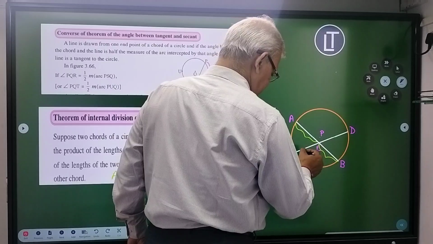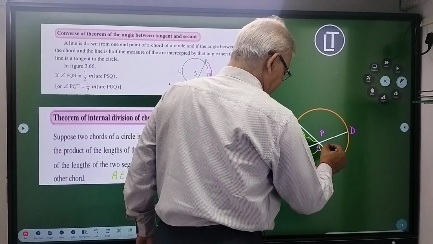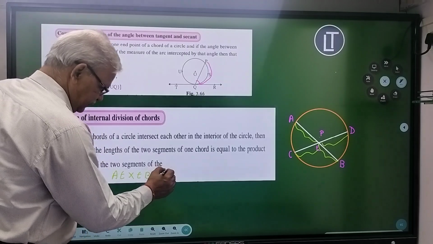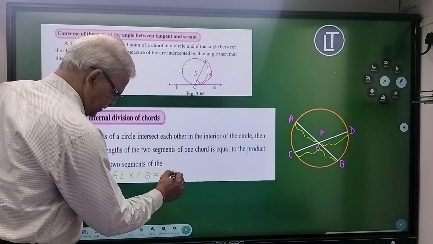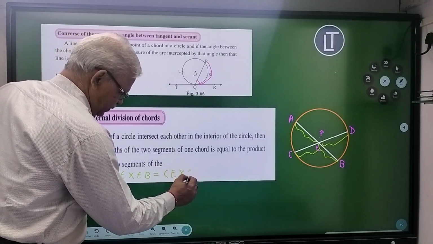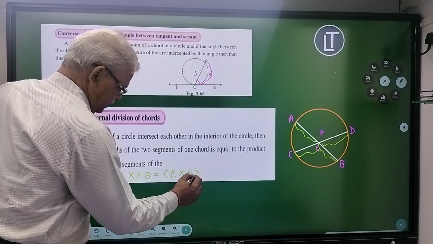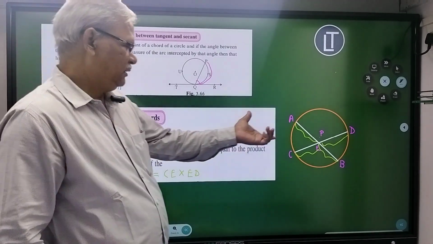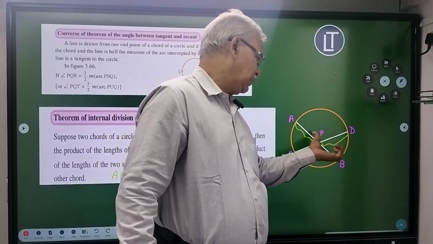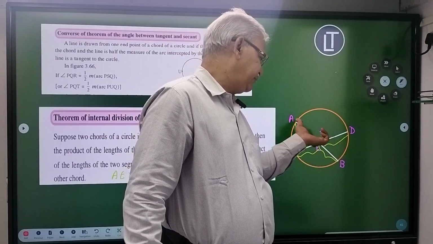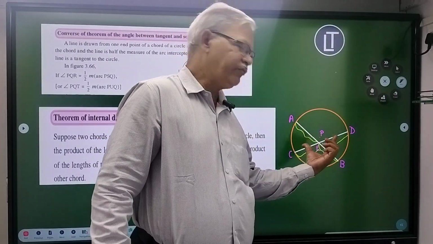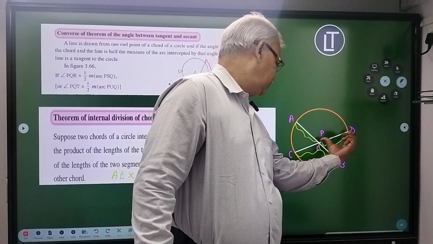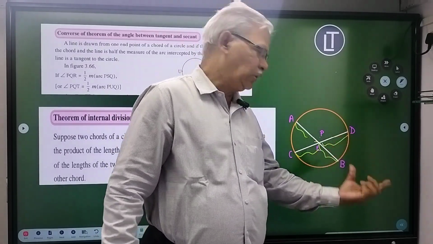That is CE into ED. Okay? It means the product of the two parts of one chord is equal to the product of the two segments of the other chord.